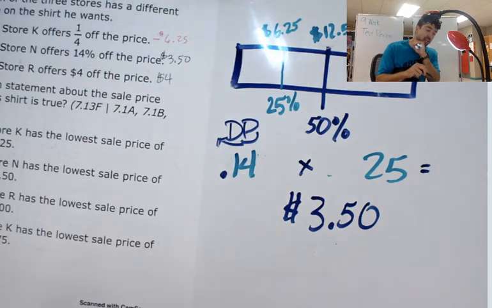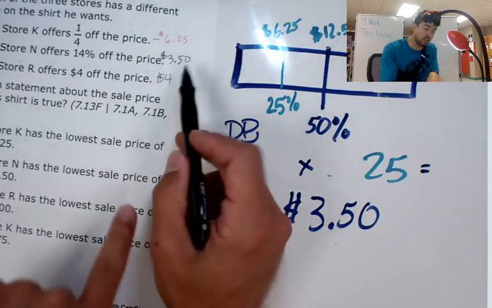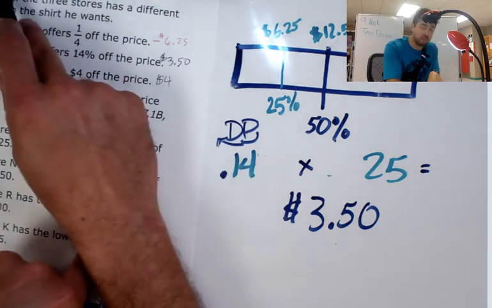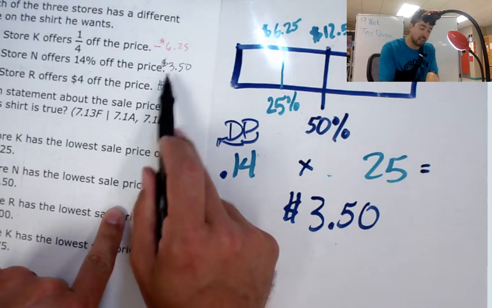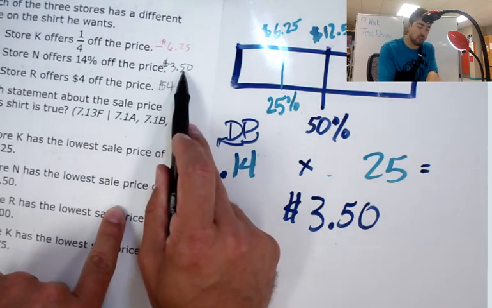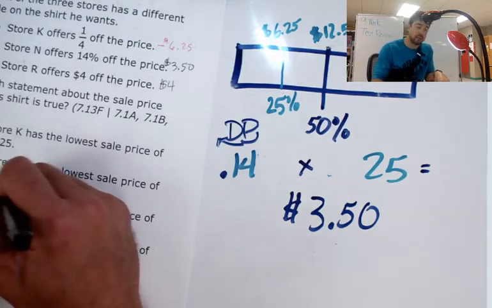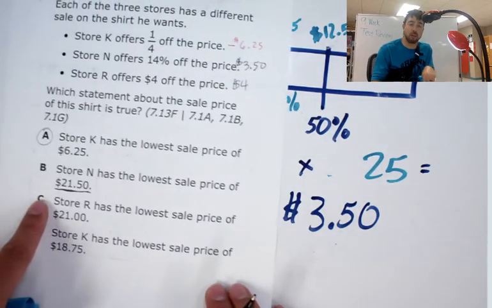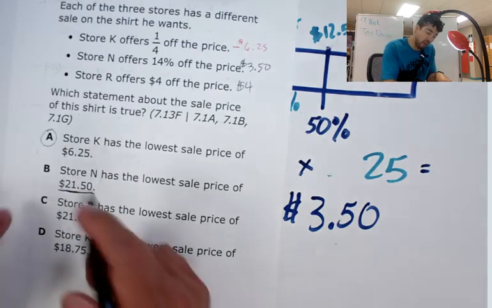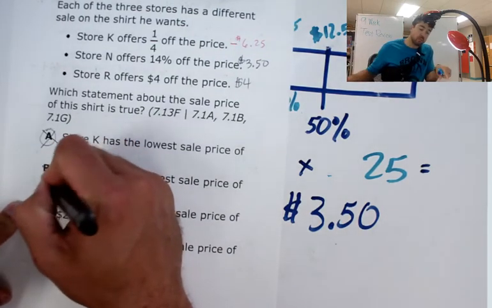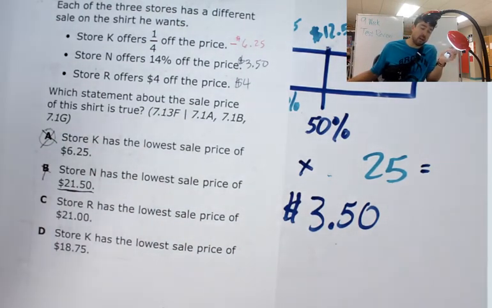B, store N has the lowest sale price of $21.50. Is that true? Well, let's check. Oh, you're right. Because if we find the difference between 25, the regular price, and then store N was $3.50 off, this would be true that it would cost $21.50, but that's not the lowest sale price. Let's check C. Store R has the lowest sale price of $21.